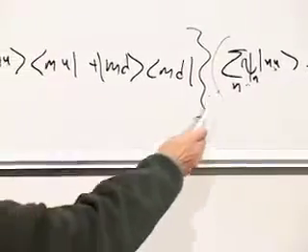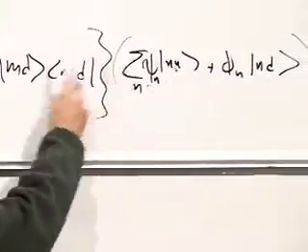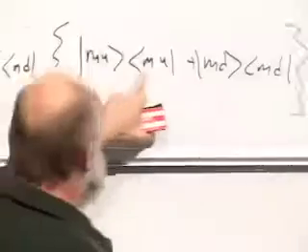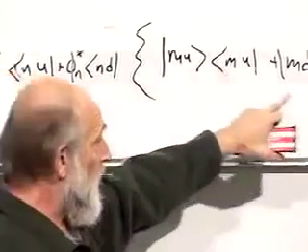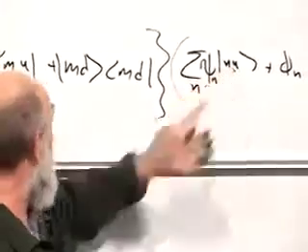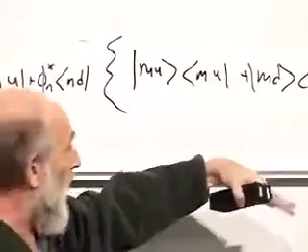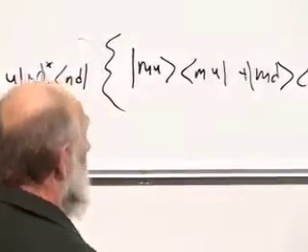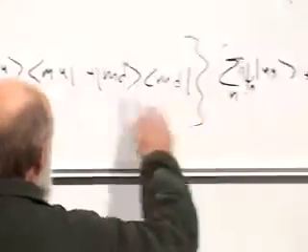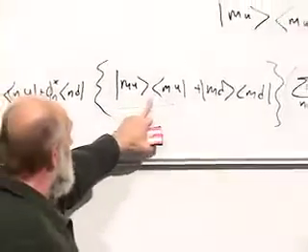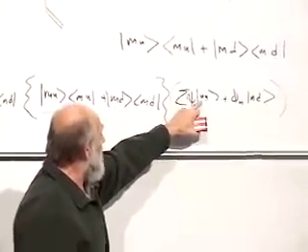You only get a contribution from up with up, and furthermore, you only get a contribution when n is equal to m. The inner product of up n is only non-zero with m up when n is equal to m, and then the inner product is 1. Okay, so out of here, you pick out the single term where m is equal to n.